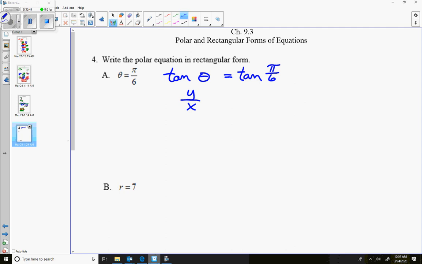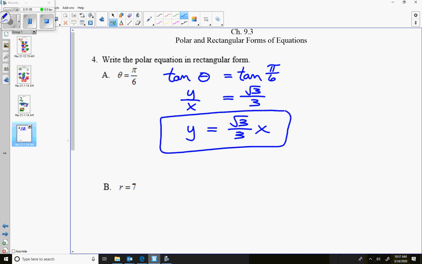Tangent of pi over 6 would be the square root of 3 over 3. And now, if you just simply multiply both sides by x, we get y equals square root of 3 over 3 times x. It is now in rectangular form. We now have it in terms of x and y.